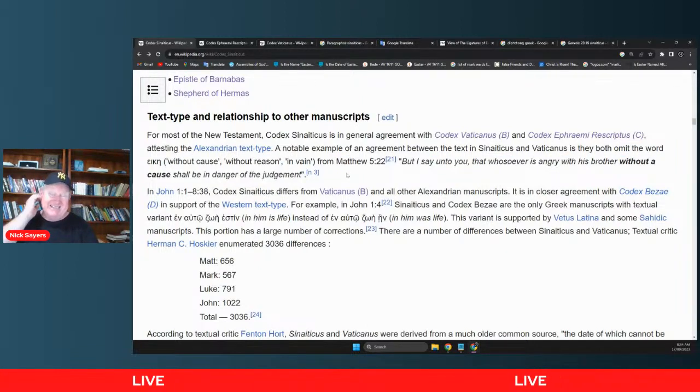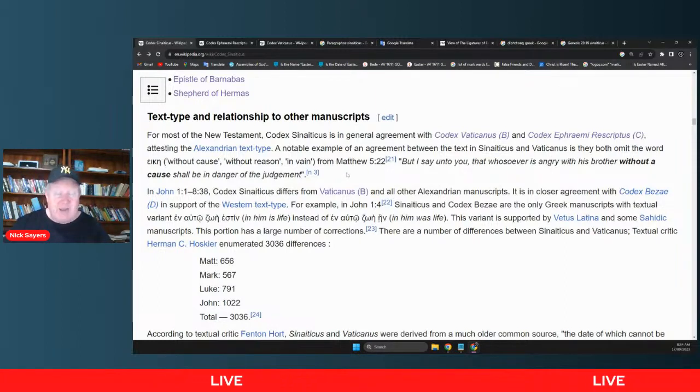Now, this is an amazing statement, because they agree that this word shouldn't be in there, but it creates a huge contradiction, because did Jesus ever get angry? Basically, they read it, whosoever is angry with his brother shall be in danger of judgment. But then it says that Jesus looked at them with anger, in the Gospel of Mark.